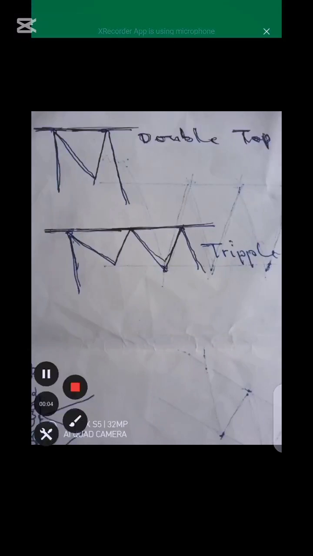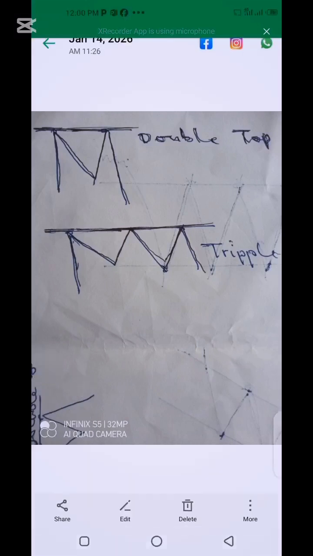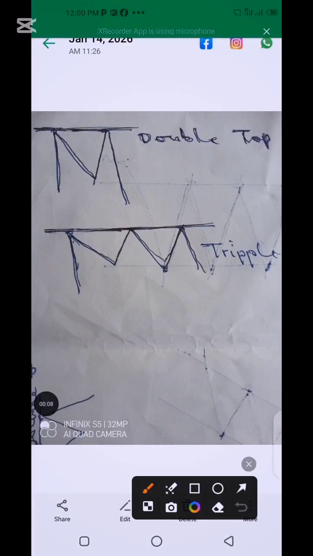These are all liquidity areas because there are a lot of traders waiting to short the market at this particular resistance level. Whenever price gets to this resistance level, people sell it down. When it tries to get up again, traders that are still active with their orders will also sell it down. Same thing with this triple top.